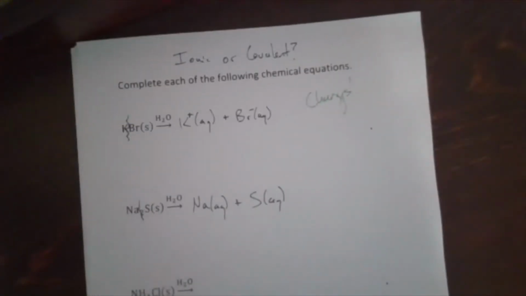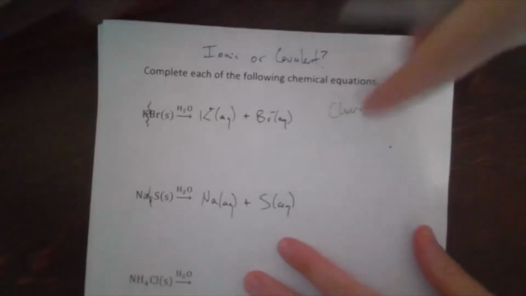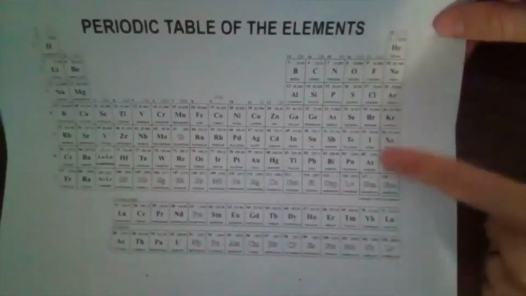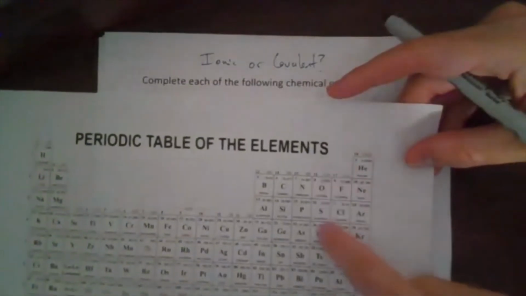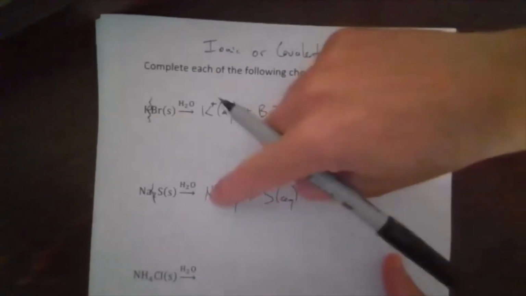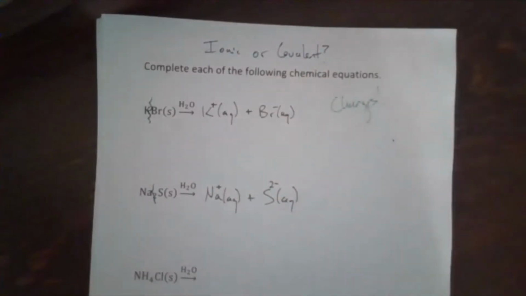So we separate out our ions. We do want to be careful not to forget those charges. Sodium was in column 1A, so it's plus. Sulfur is in column 6A, so 0, -1, -2 for sulfur. Right, it's a 2 minus. Okay, so that's good. We got our sodium plus and sulfide, separate ions floating around.